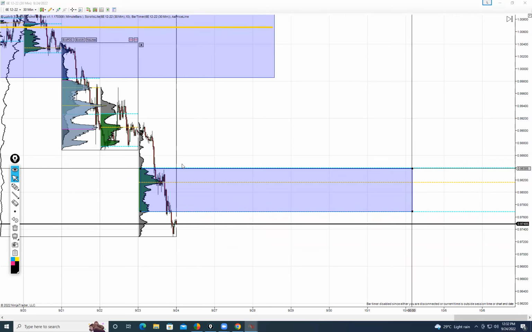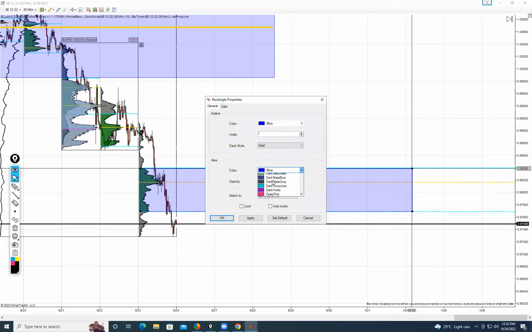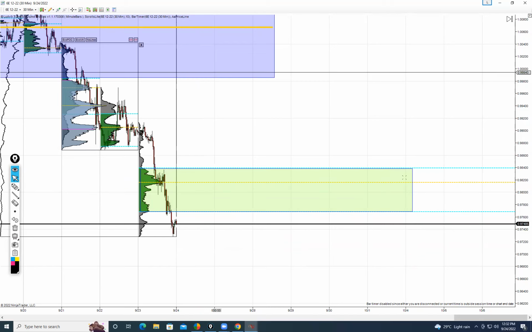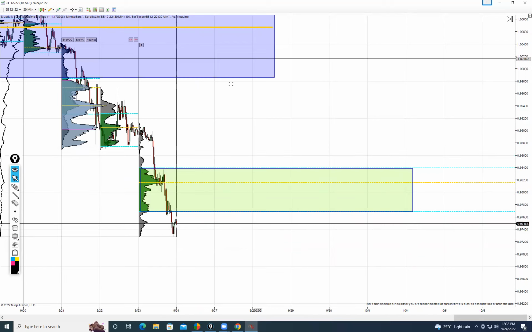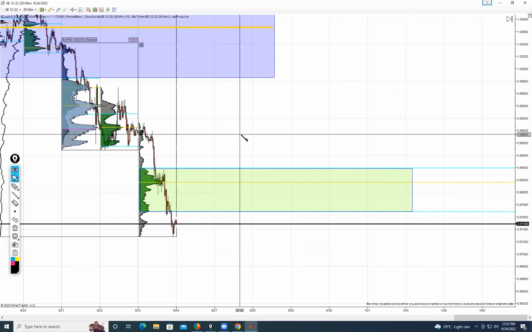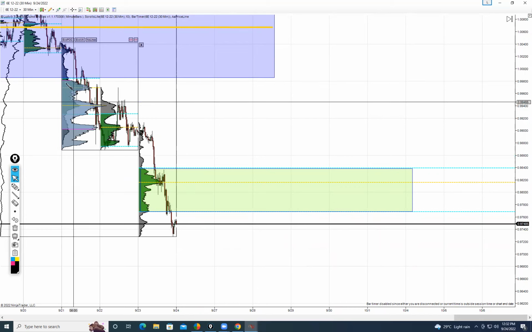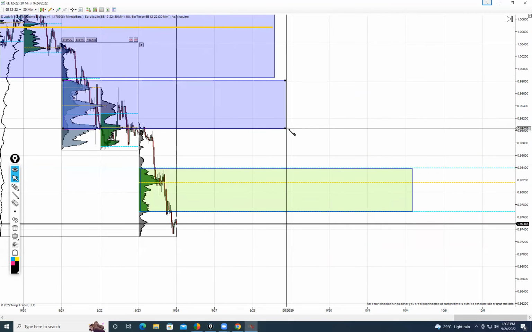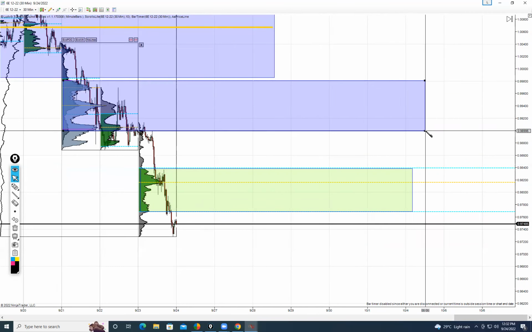Now, because these are sessional based, I will just try and give them different coloring so that I don't confuse it with my weekly value area. You can see we also have this 2 day composite. It looks like too much, but it's not.